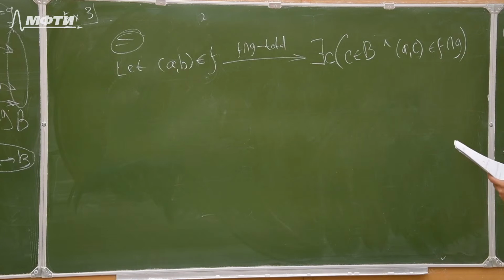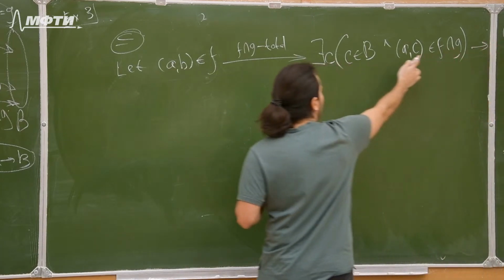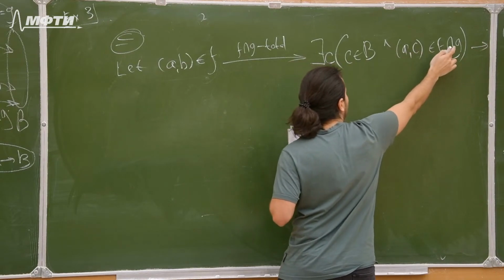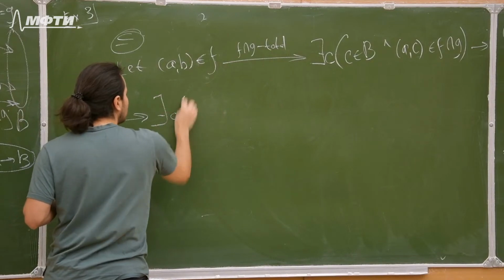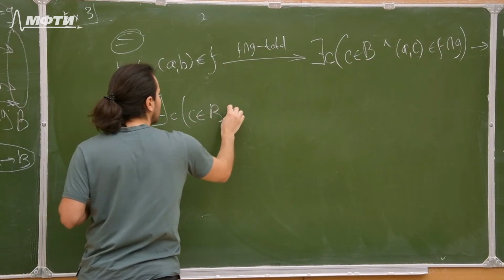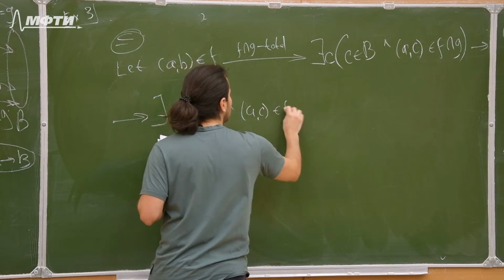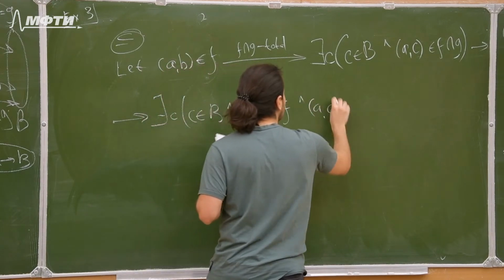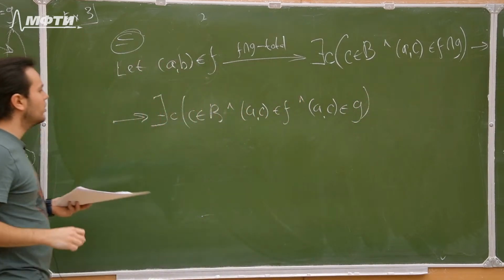So since (a, c) belongs to the intersection of f and g, it means that there exists some c in B such that (a, c) belongs to f and (a, c) belongs to g, so it belongs to both of them.